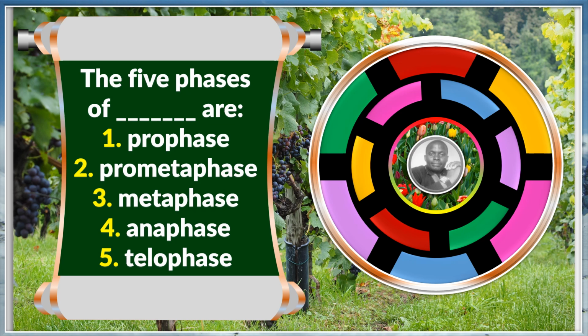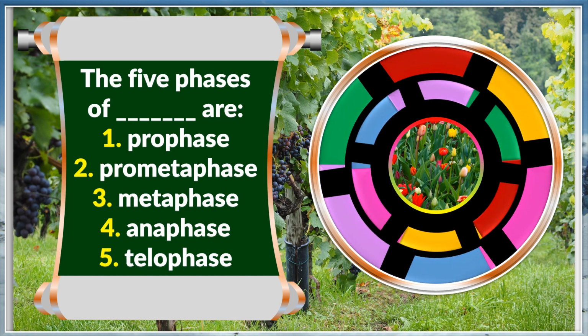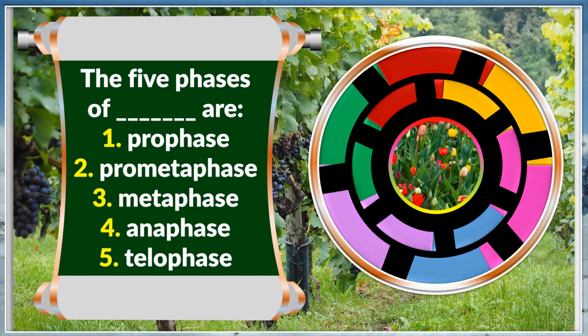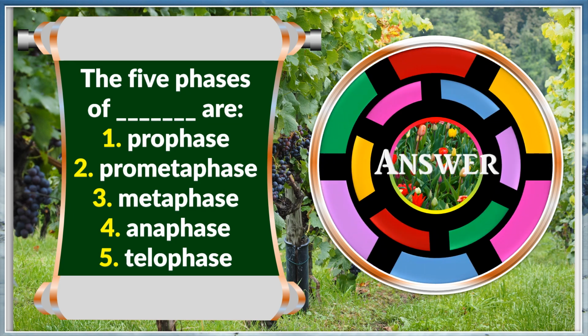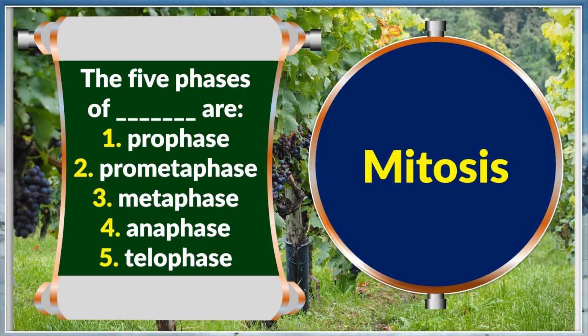The 5 phases of dash are: 1. Prophase, 2. Prometaphase, 3. Metaphase, 4. Anaphase, 5. Telophase. Mitosis.